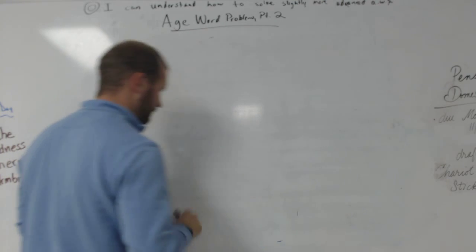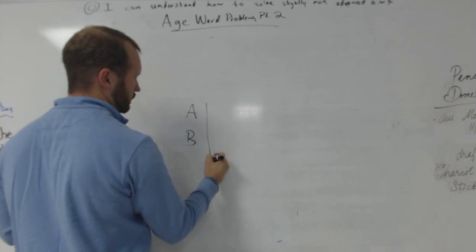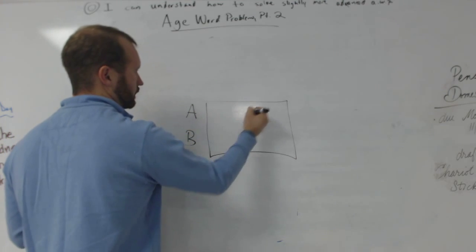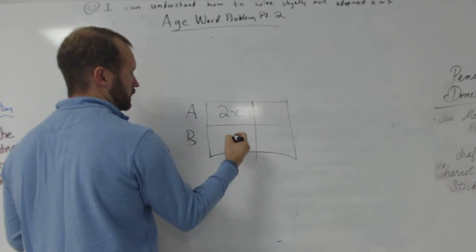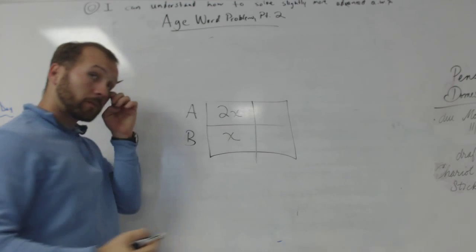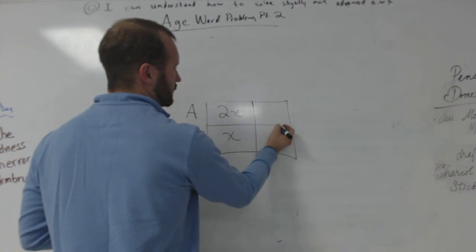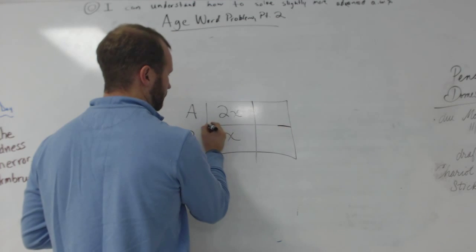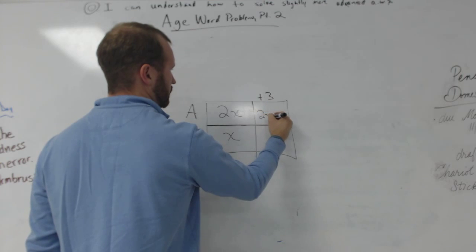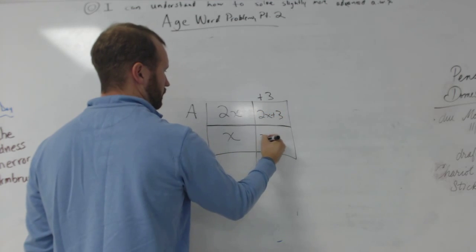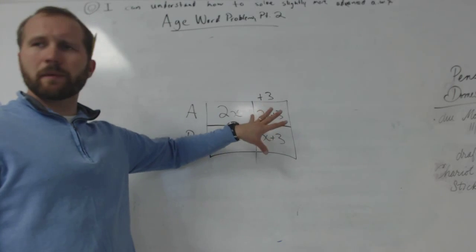We'll just make up letters, A and B. Let's say A is twice B, and then let's say we have plus 3. So here's just an imaginary chart.